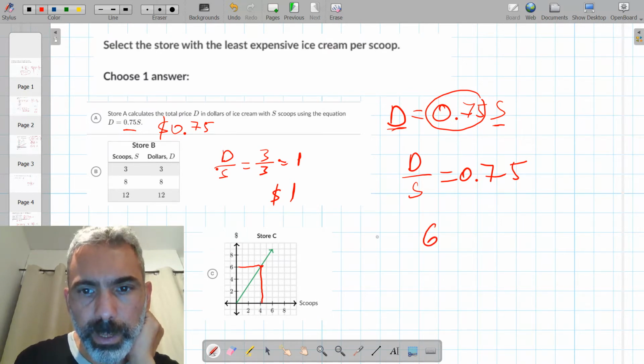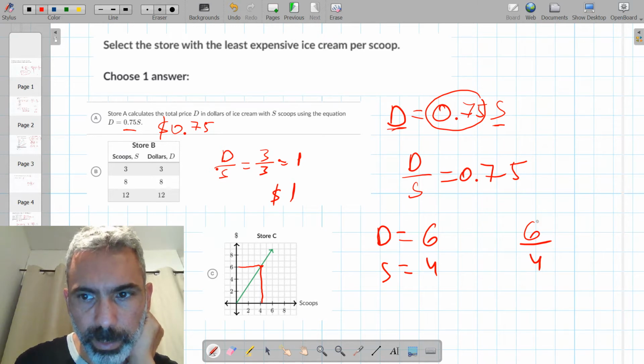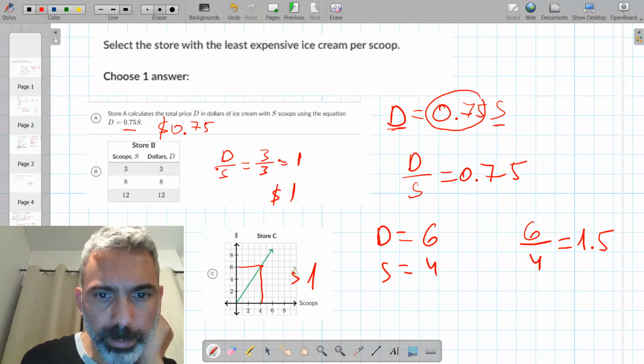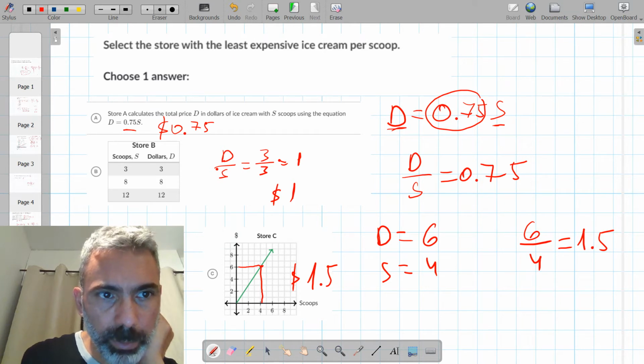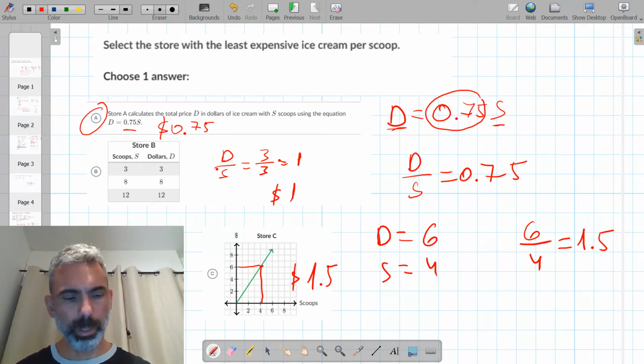So 6, which is the total number of dollars, and scoops is 4, so the relationship between dollars and scoops is 6 to 4, so it's 1.5. So here the cost per scoop is $1.5. So the store with the least expensive ice cream per scoop is store A.